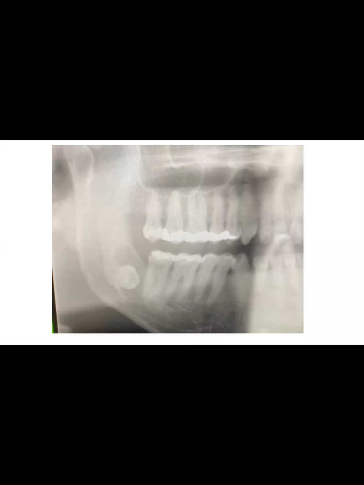So what do you think the purpose of the treatment should involve? Okay, to go a step backwards, what would be your differential diagnosis in this case?